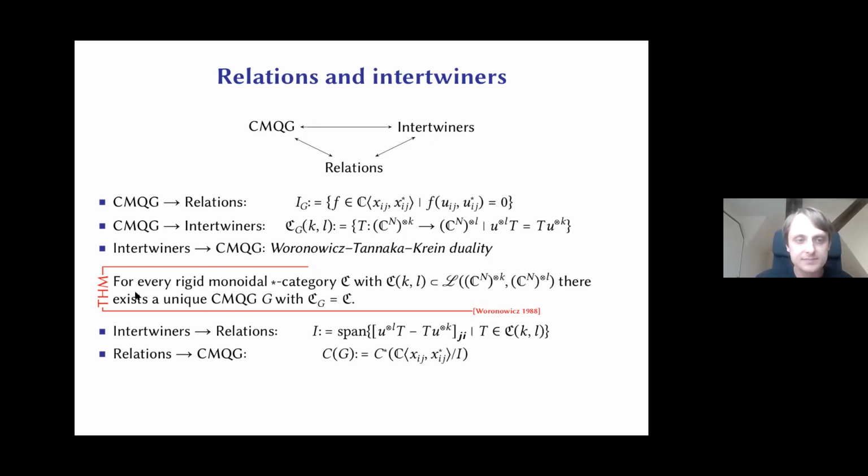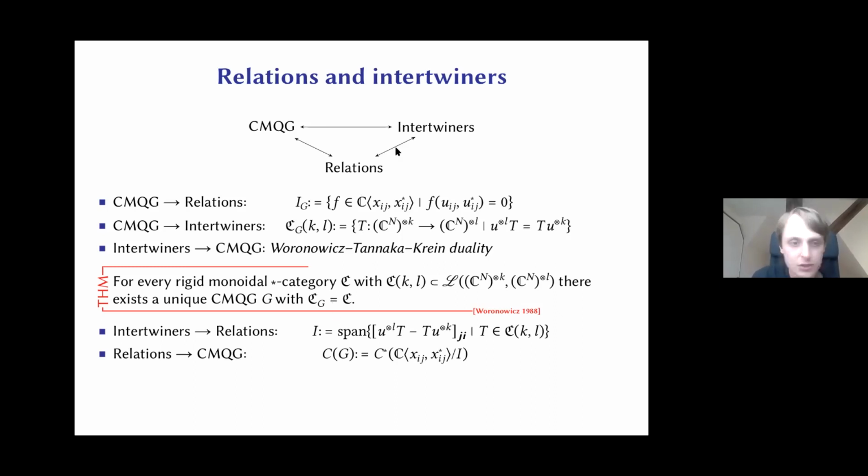That's using this Woronowicz Tannaka-Krein duality, which says that I can take any rigid monoidal star category that has the morphism spaces realized by such linear operators, such that they would fit here. Then there exists a unique, in some sense, compact matrix quantum group G, such that this is exactly the representation category, so the category of the intertwiners associated to the quantum group.